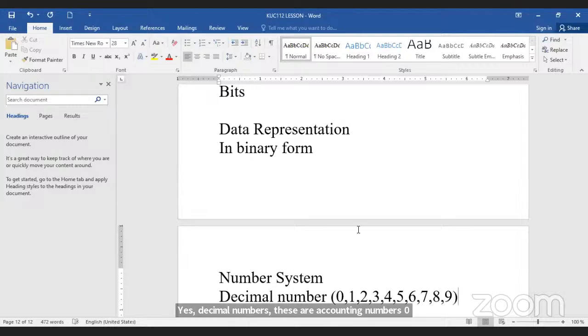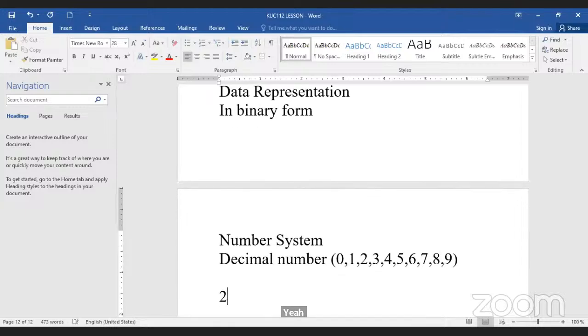Even if you have 20 or 23, you realize that you have a 2 and a 3. Even in 9, 7, 6, the digits repeat.